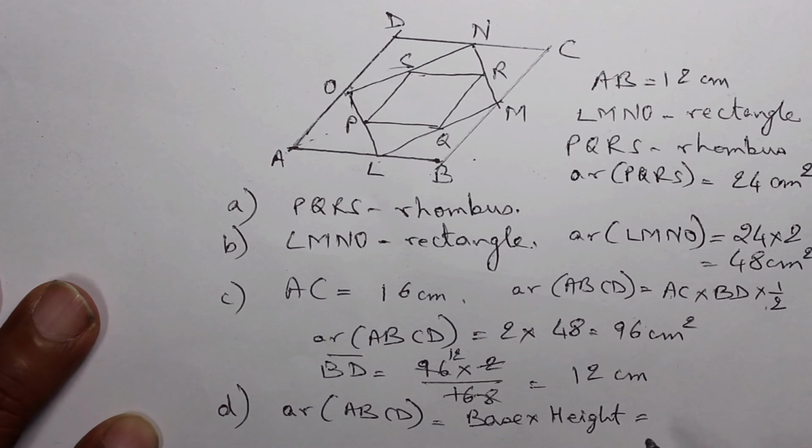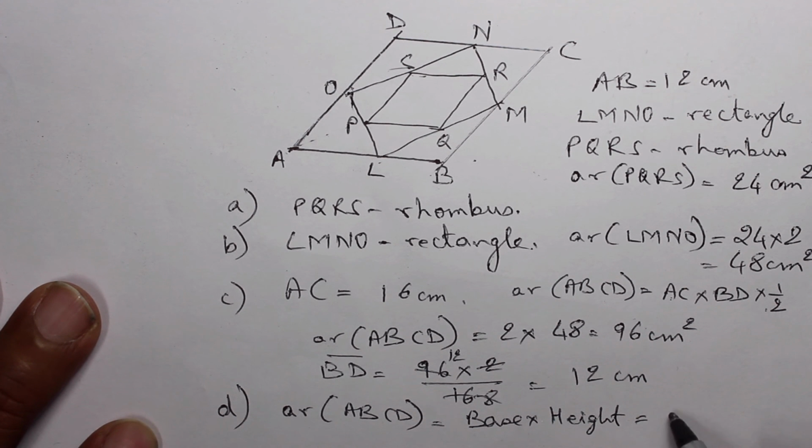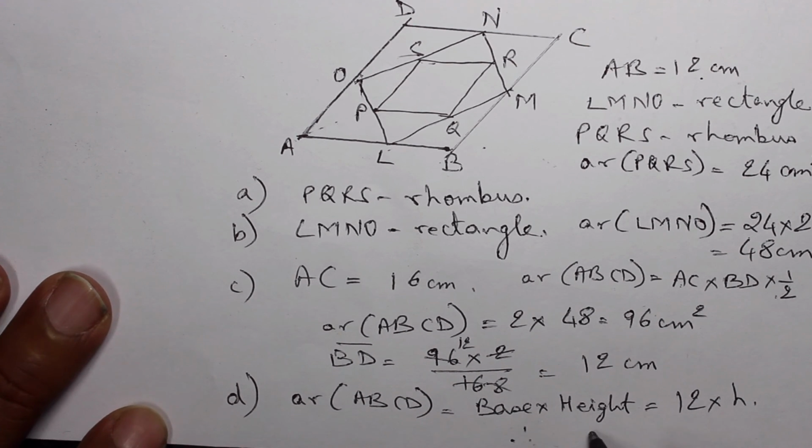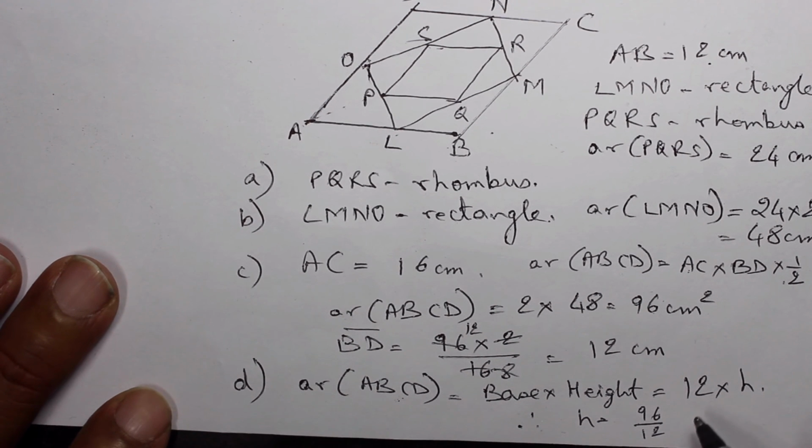If you see, base is, we know, 12 centimeters. So 12 into height. So therefore the height is, we know the area of it is 96, right? So 96 by 12, which is equal to 8 centimeters.